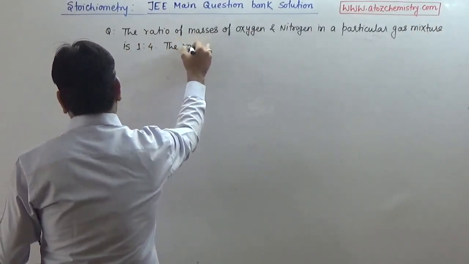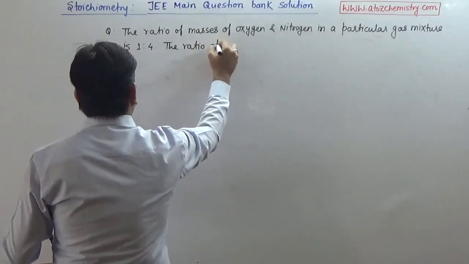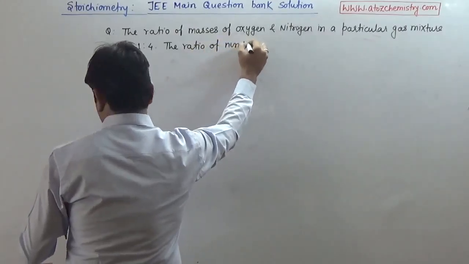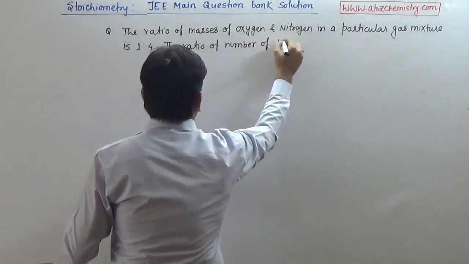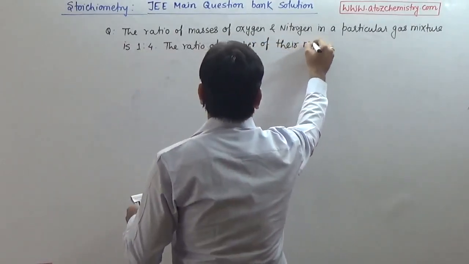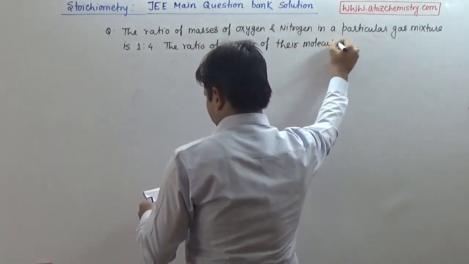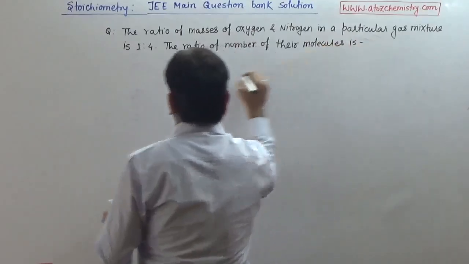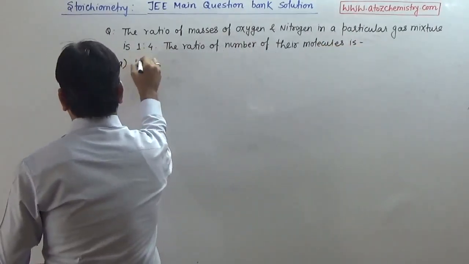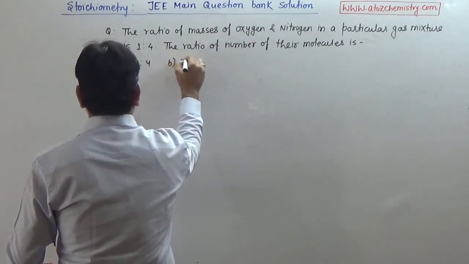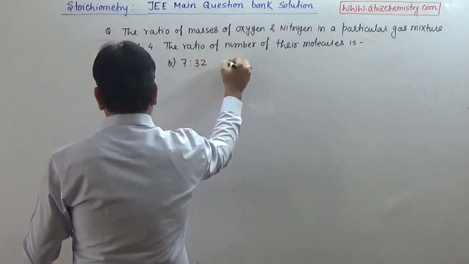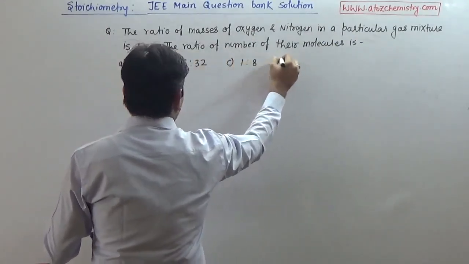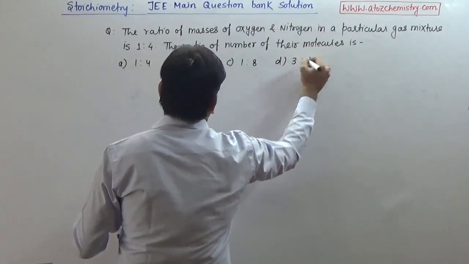The ratio of the number of their molecules is: A option 1:4, B option 7:32, C option 1:8, and D option 3:16.